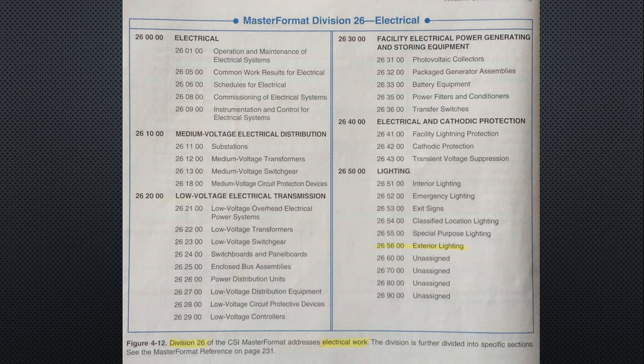The model electrical code used throughout the United States is the National Electrical Code. Most local building codes require work to be performed according to this model code. The local codes may include additional requirements in specific areas.